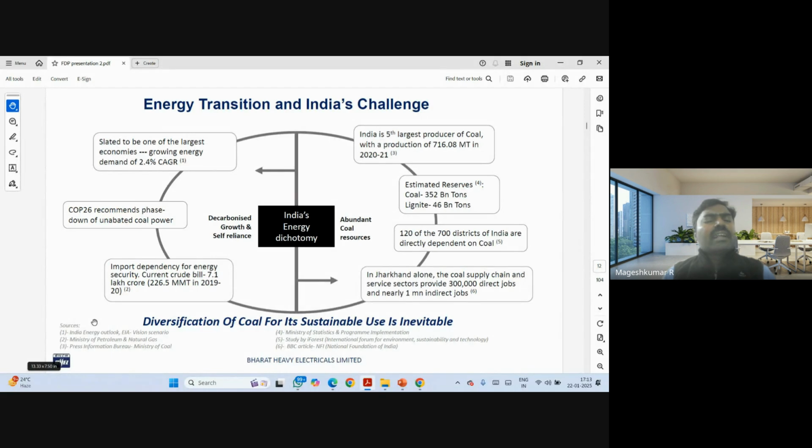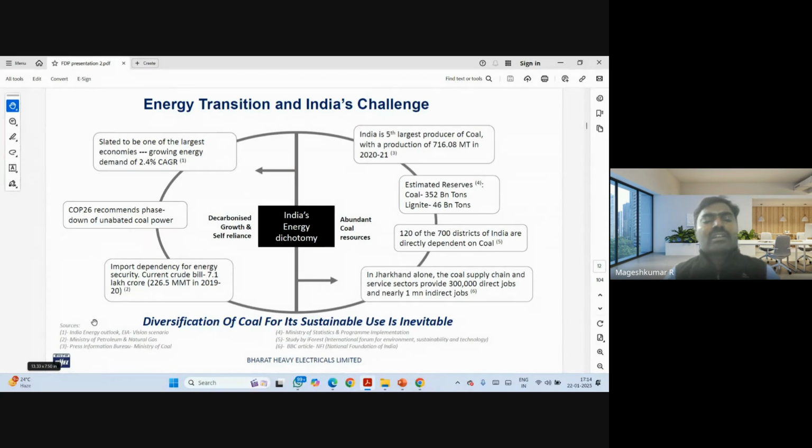Energy transition, which I was talking about yesterday, is where we are converting our total energy generation to a technology that has lesser impact on the environment to make it more sustainable for living. So diversification of coal from thermal power plants towards these kinds of industries is picking up.